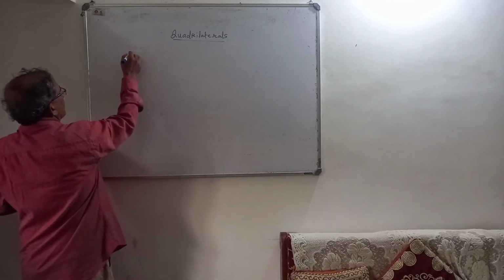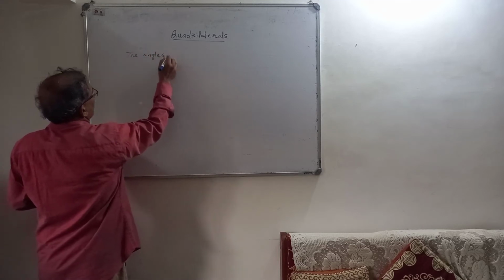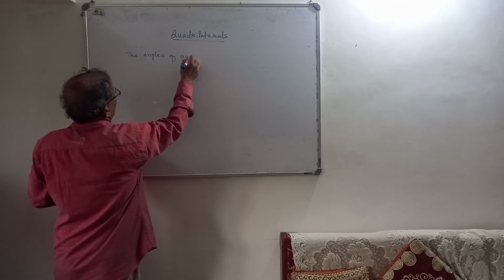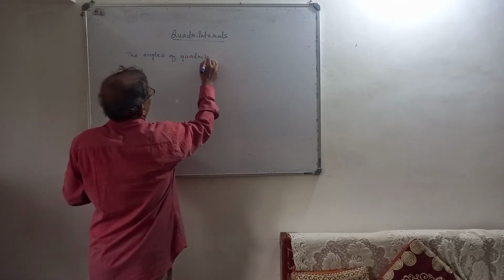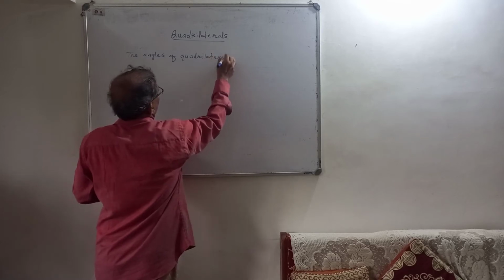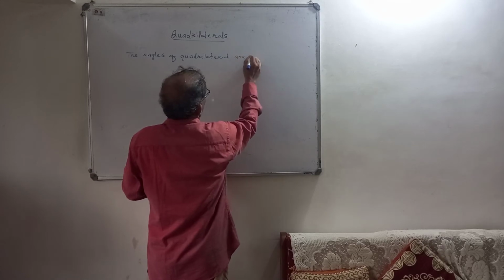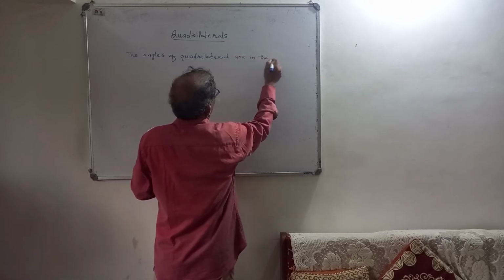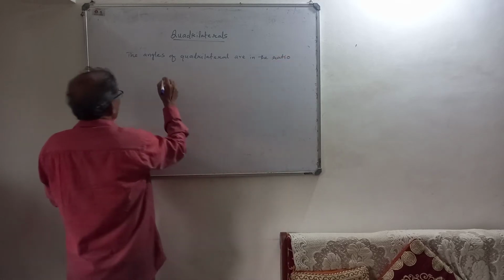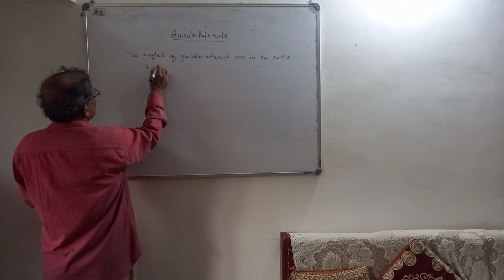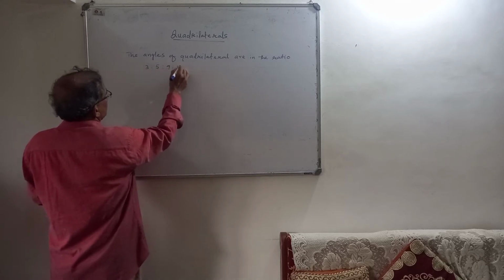The angles of a quadrilateral are in the ratio 3:5:9:30.